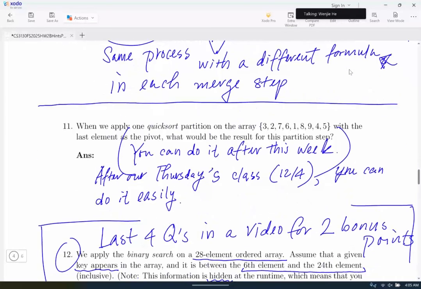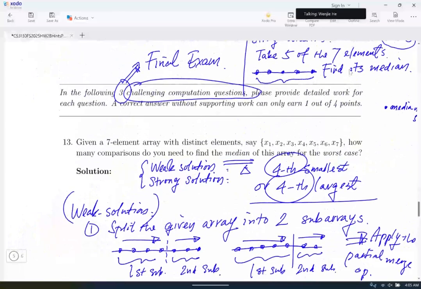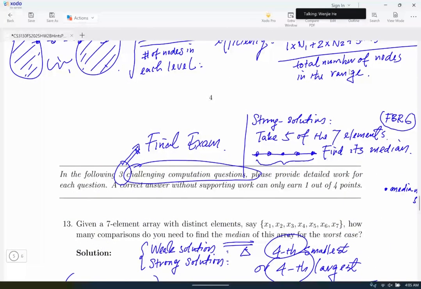Anyway, if I cannot erase, let me use this place. This is the median, and I'll put a subscript 5 here. So you need to work out how many comparisons you need based on the solution.